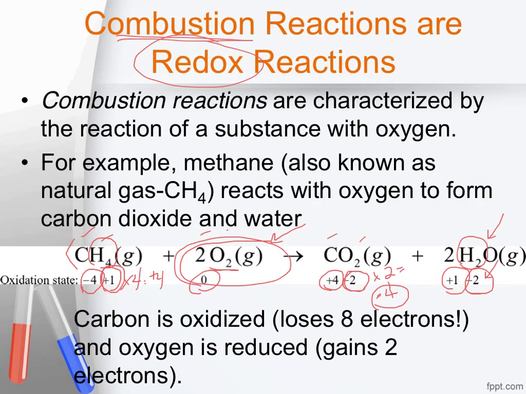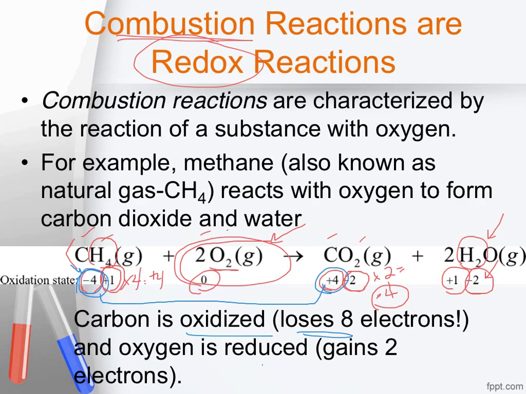Now we can look at all of these and decide what has been oxidized and what has been reduced. So let's see, carbon has gone from an oxidation state of -4 on the reactant side to an oxidation state of +4 on the product side. So carbon has lost 8 electrons, which means it has been oxidized.